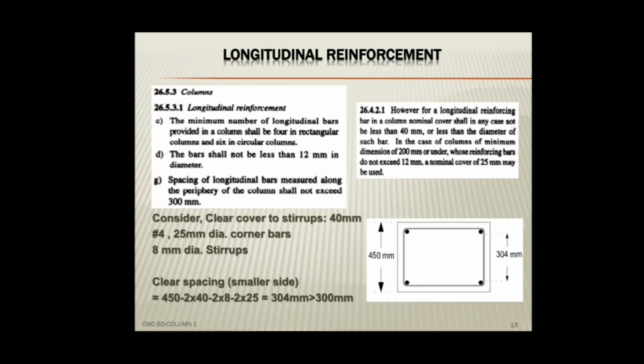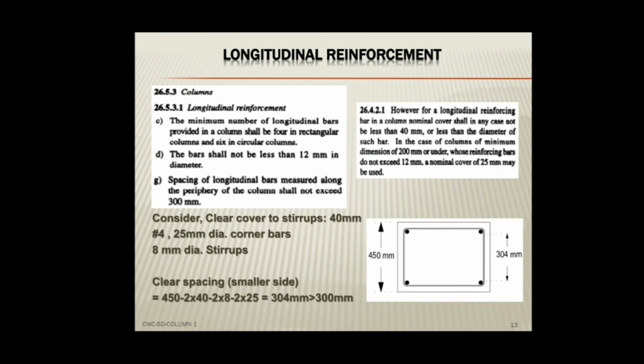We can calculate the spacing at the smaller side, that is 450 mm, as 450 minus 2 into 40 mm, that is cover, minus 2 into 8, that is the stirrup diameter, minus 2 into 25, that is 2 corner bars, which is equal to 304 mm and is greater than 300 mm.